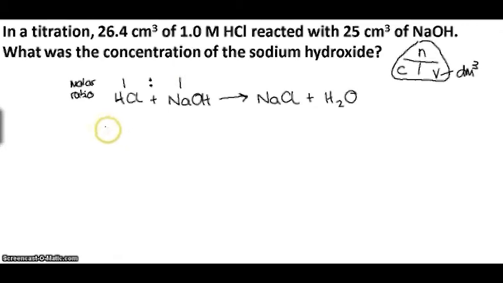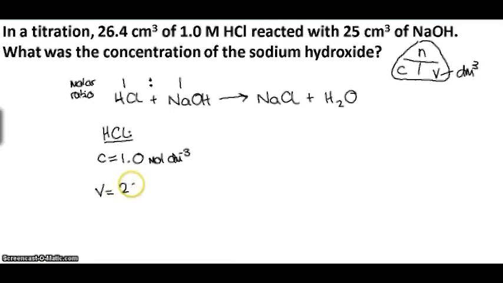Now let's consider what we already know from the question about the hydrochloric acid. The first thing we're going to do, we can look at concentration and volume, C and V. We've got these in the question, so we can work out N. Always advisable to work by writing things down. Concentration here, the question tells us, is 1.0 moles per cubic decimeter, and notice I'm writing all the units out as I'm doing this.